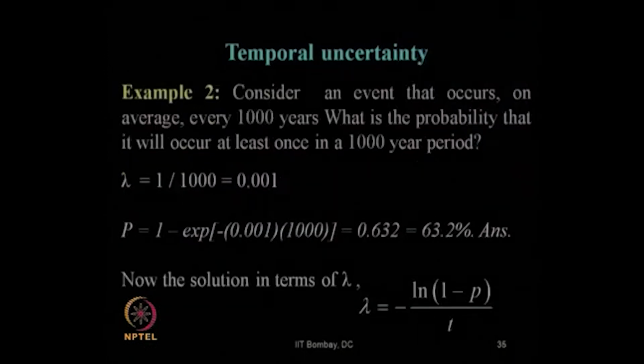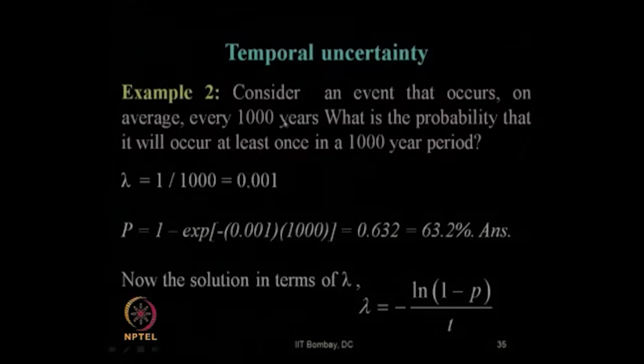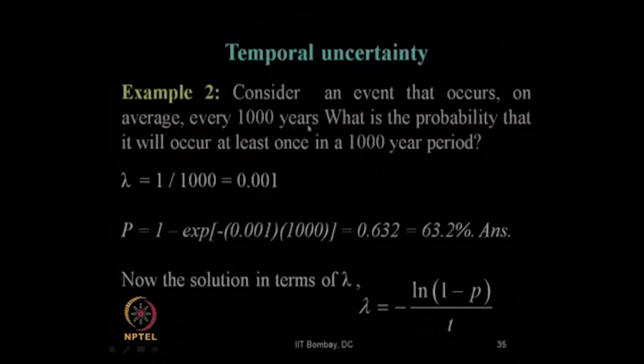Let us take another example, example number 2. Consider an event that occurs on average every 1000 years, like the same event we discussed in example 1. What is the probability that it will occur at least once in that 1000-year period? Instead of 100, now we are computing for a 1000-year period.